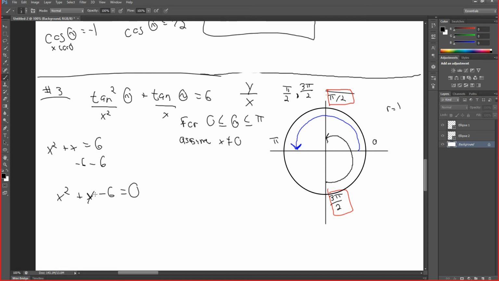Yeah, we can get nice factors for this. Oh, we actually had this one earlier. We did this earlier. 3, negative 2. Yep. We did this exact setup in one of the first examples. This is all equal to 0. So I have x is negative 3, where x is equal to 2.